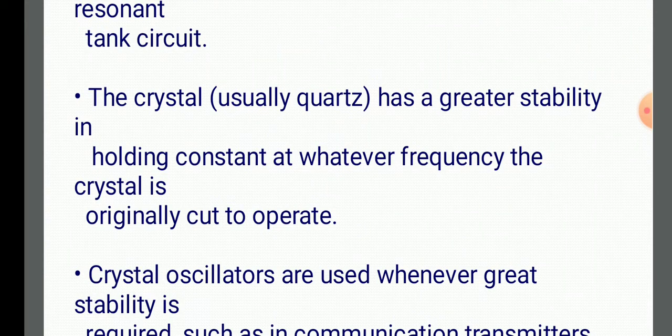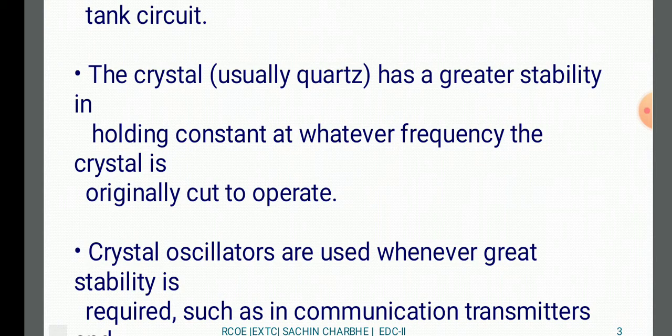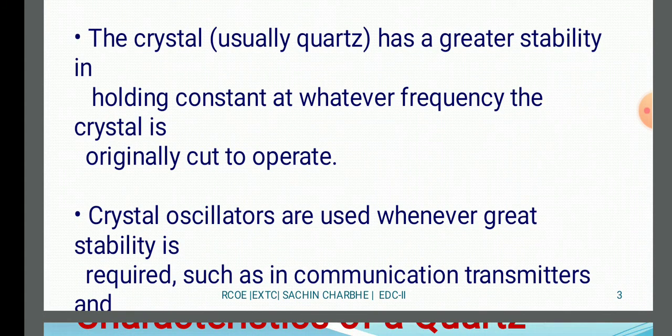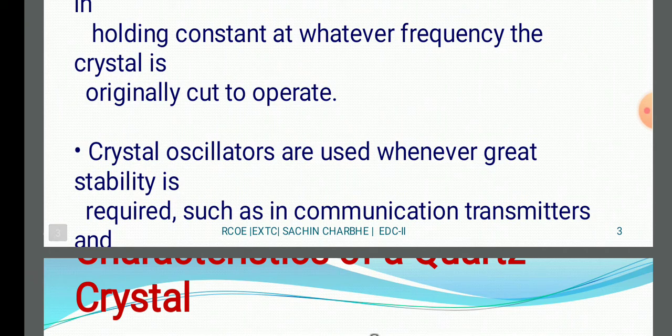The crystal, usually quartz, has a greater stability in holding constant at whatever frequency the crystal is originally cut to operate. Crystal oscillators are used whenever great stability is required, such as in a communication transmitter.